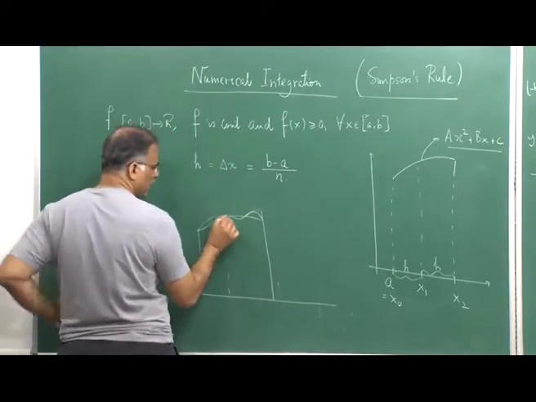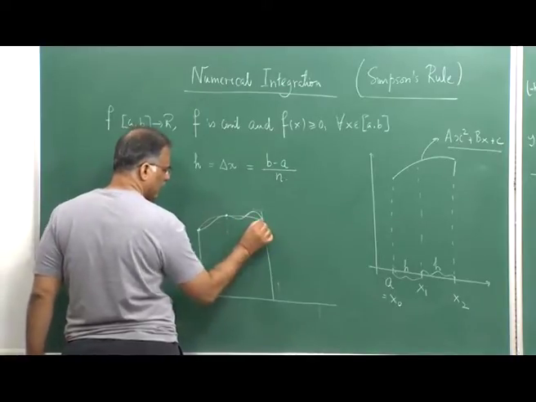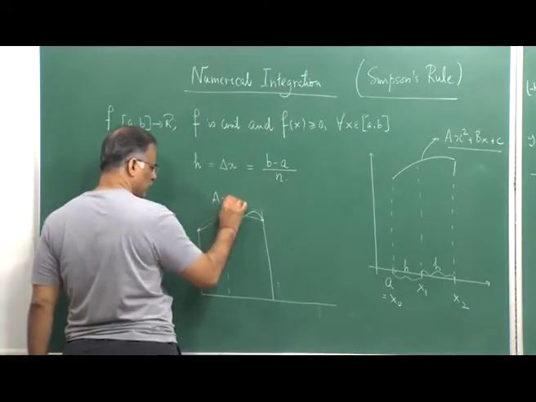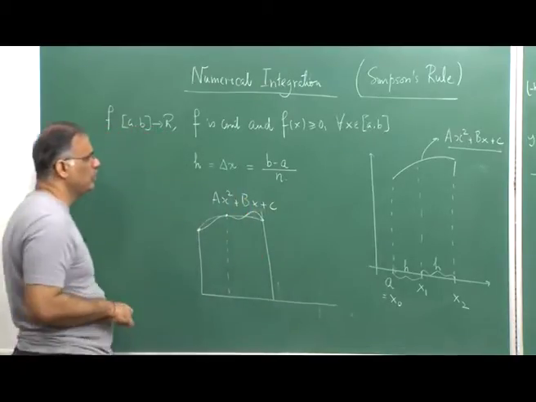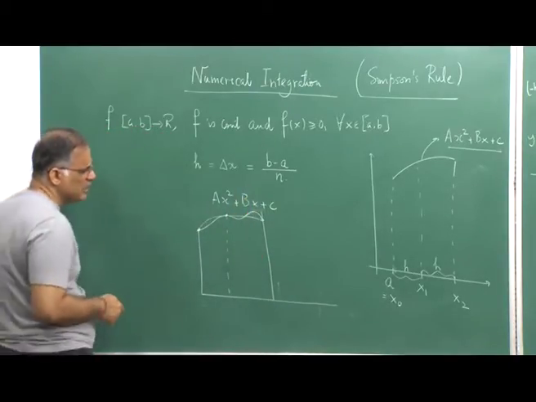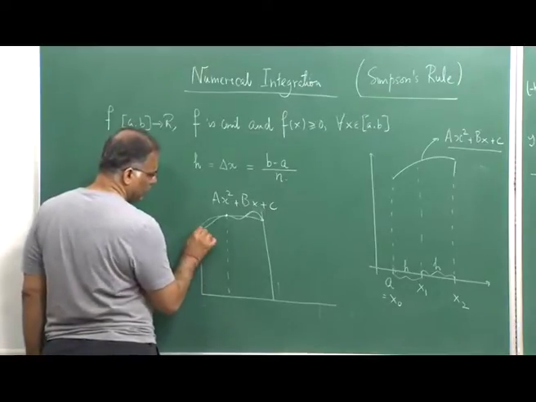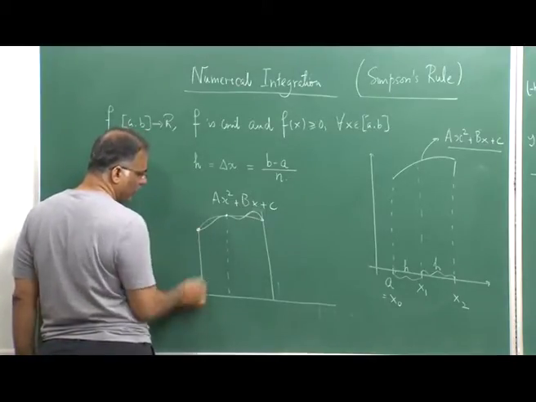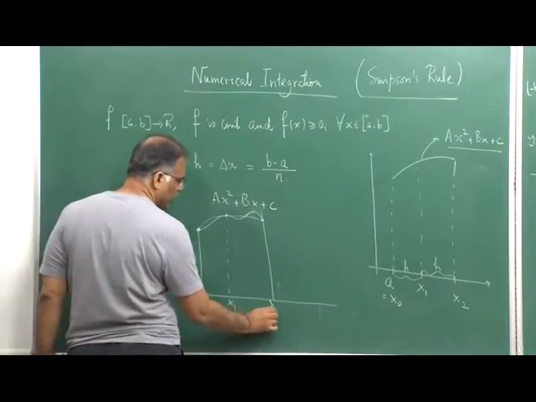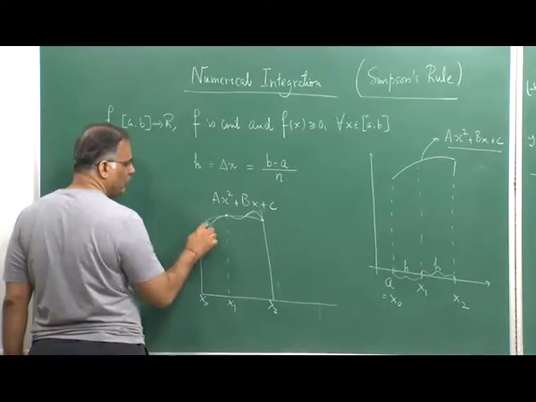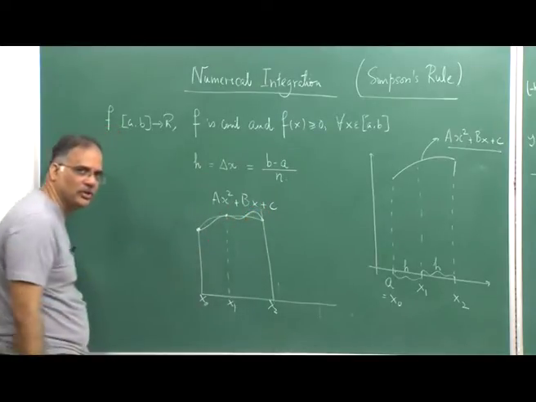So the idea is that, what Simpson said is that if you want to estimate it, you take the curve ax square plus bx plus c in such a way that the function value at x0, the function value at x1, that is at the partition points, coincides with the function value of that quadratic function.